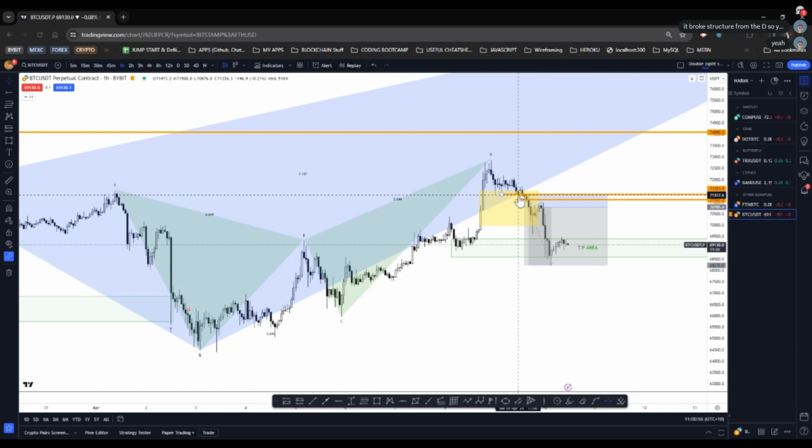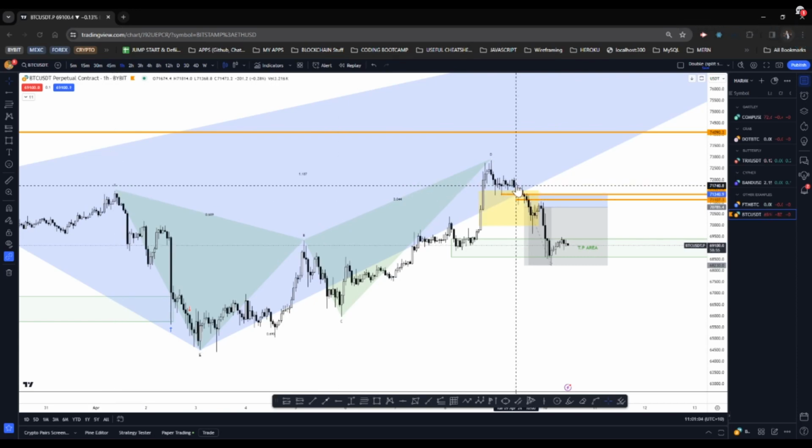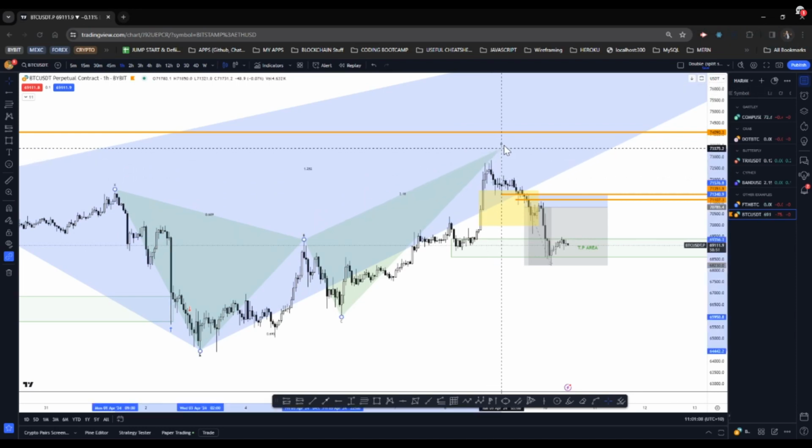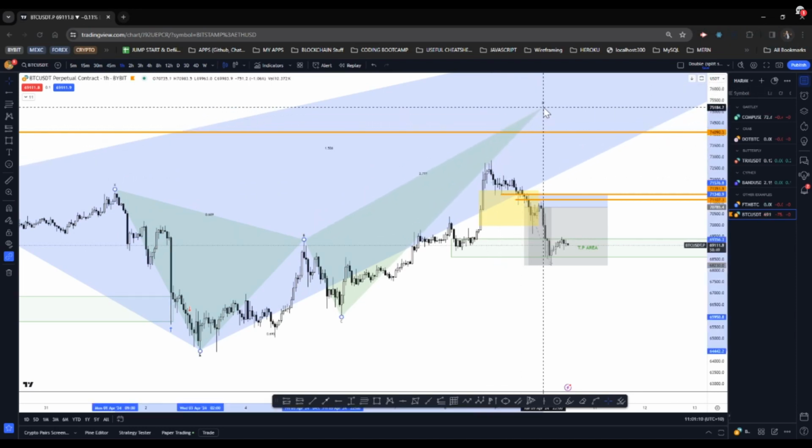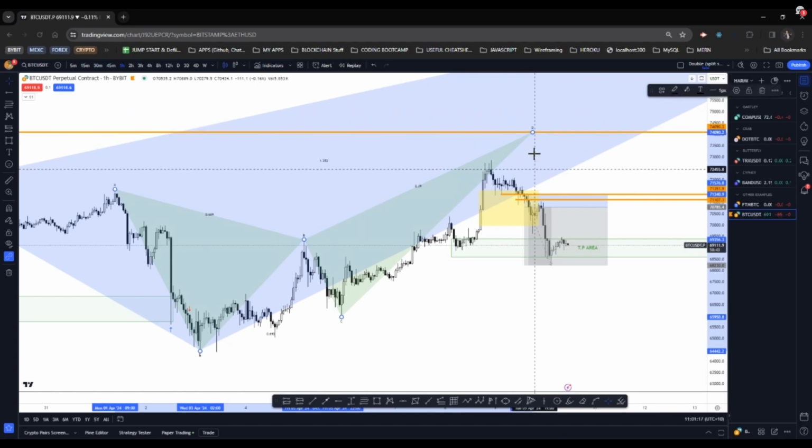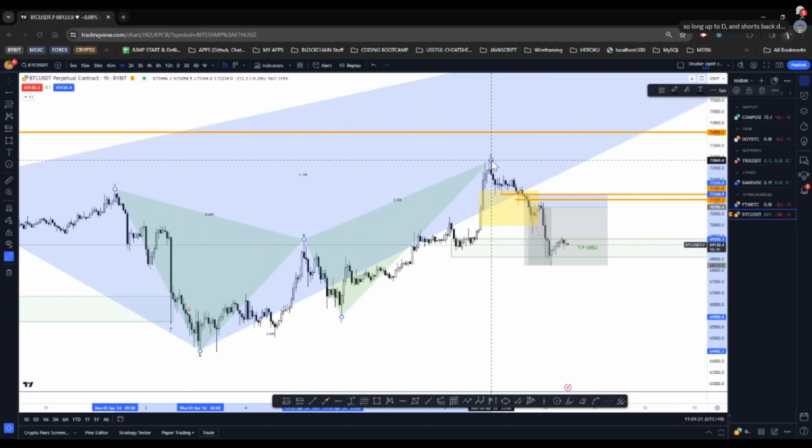But I didn't take the trade from 71, which was the previous high, because we actually ended up going higher. We could have gone up to a crab, right? So I didn't want to take a trade until I saw a break of structure. It didn't end up going up there.